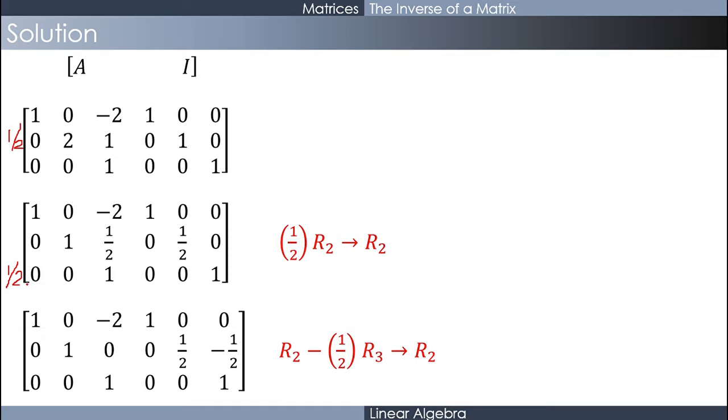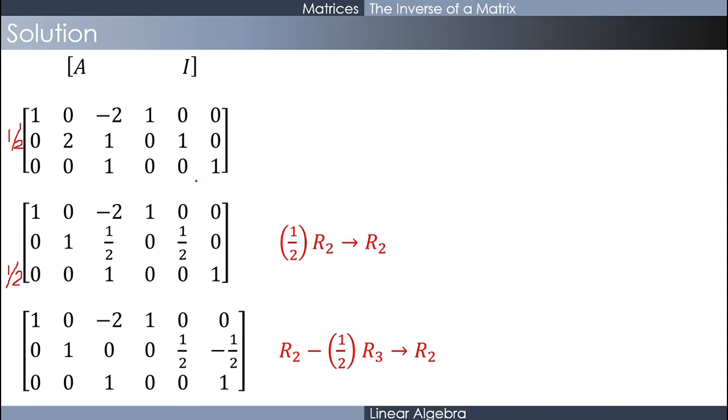So 0 minus 0 is 0. 1 minus 0 is 1. 1/2 minus 1/2 of 1 is 1/2 minus 1/2, which is 0. So 0 minus 0 equals 0. Then 1/2 minus 0 is 1/2. And 0 minus 1/2 equals -1/2. So this is now our new second row, and we turned this number into 0.